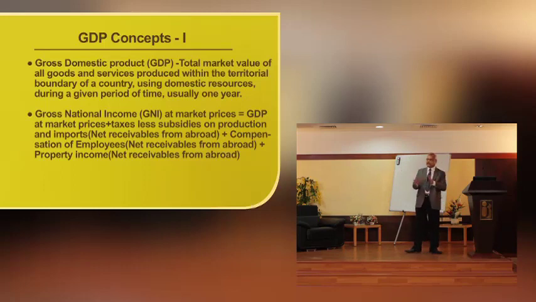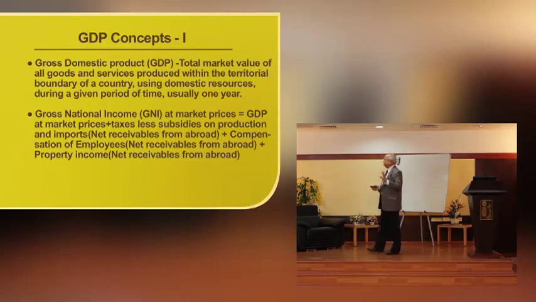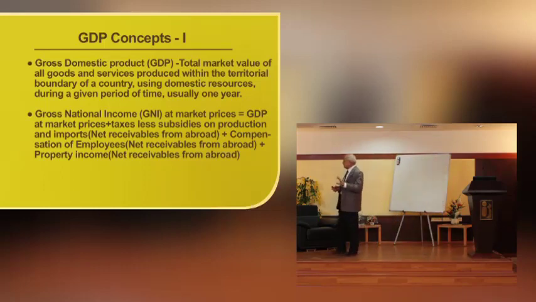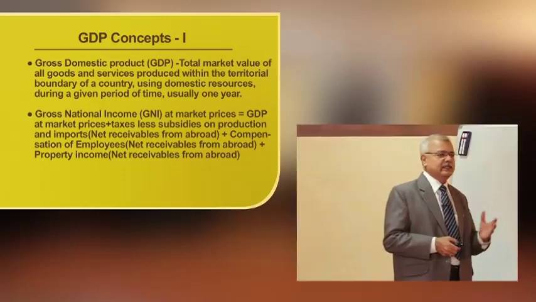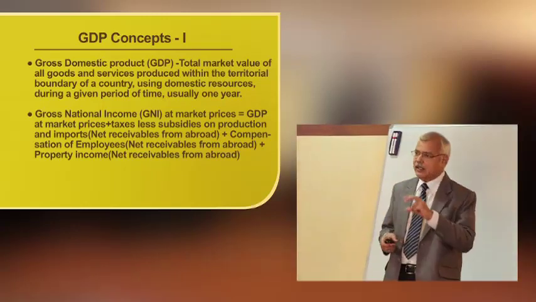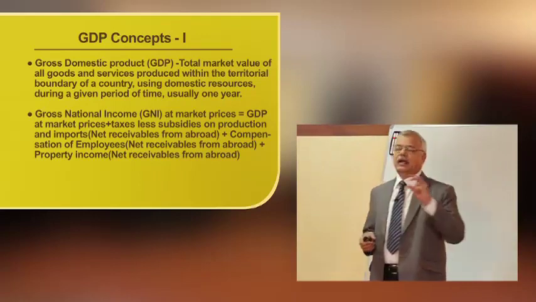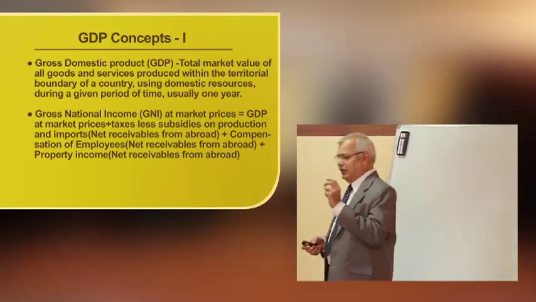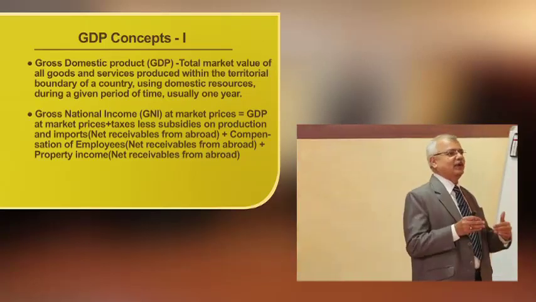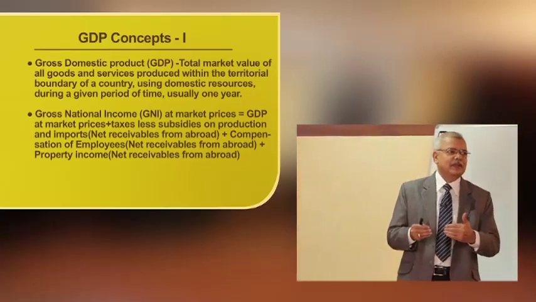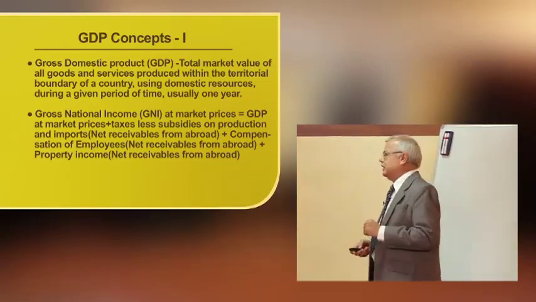So, all these things have to be netted to arrive at the gross national income, that is the domestic production plus those who are working abroad, that is the income earned by Indians abroad minus the income earned by the foreigners in India. So, if you net all of them, then you get the gross national income.